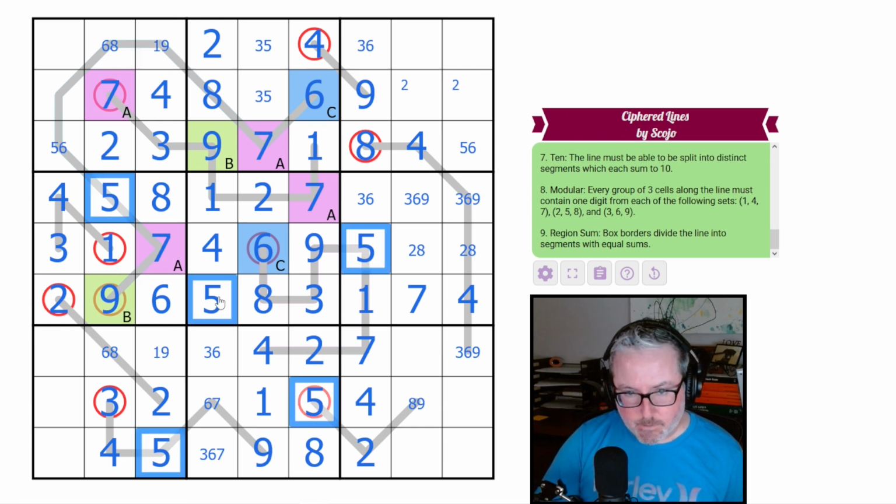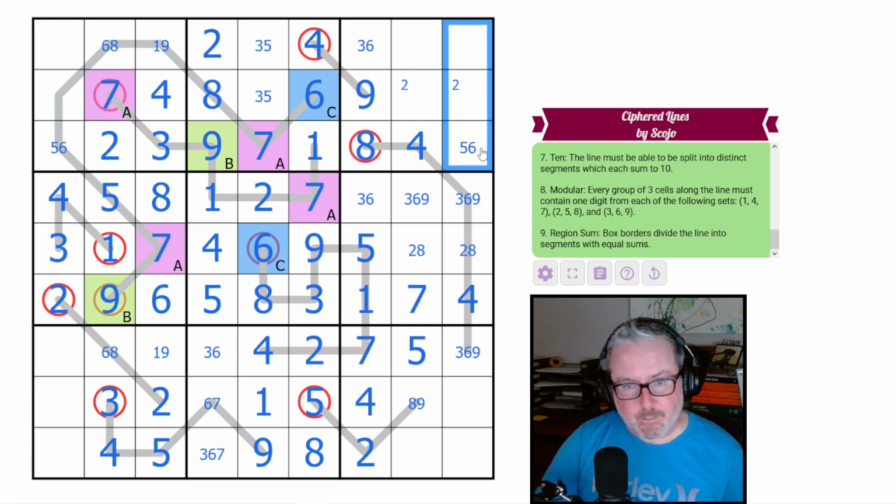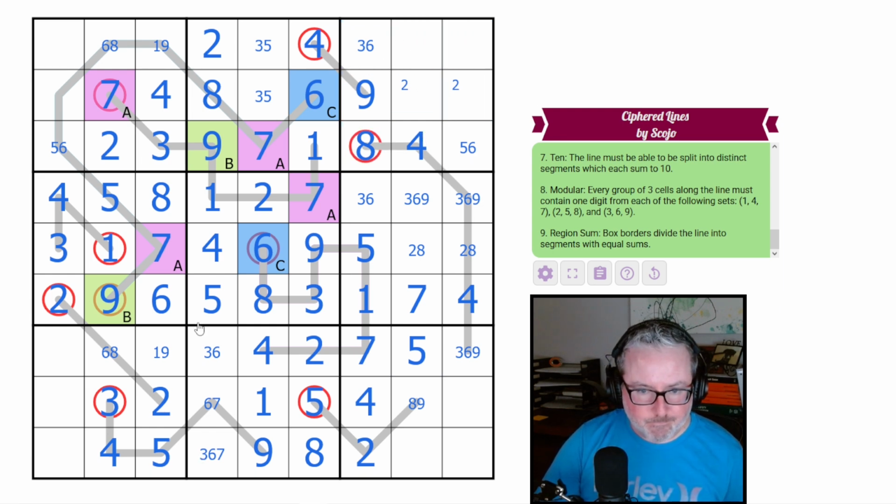Okay, 5s. One of these is a 5. I don't like that grouping. Oh, we can do 5 down here. Goes here. None of these are 5s, but one of these is. Okay. Let's keep on keeping on. 6s.